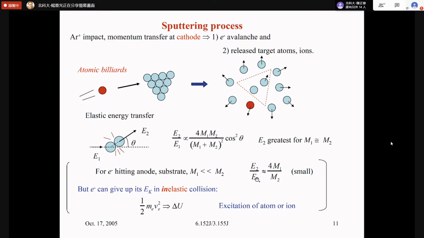So E2 over E1 is 2 M1 over M2. But the electron can only give us electronic kinetic energy, because it will be an inelastic collision. So you lose energy by collision, giving excitation of atom or ion only.